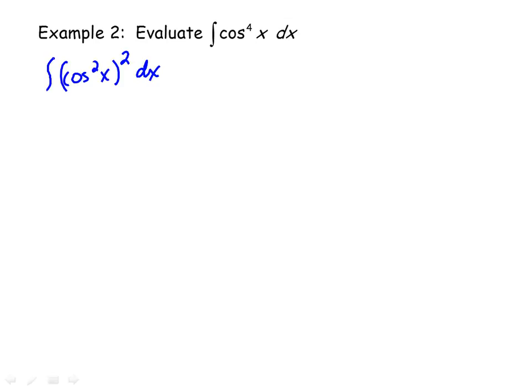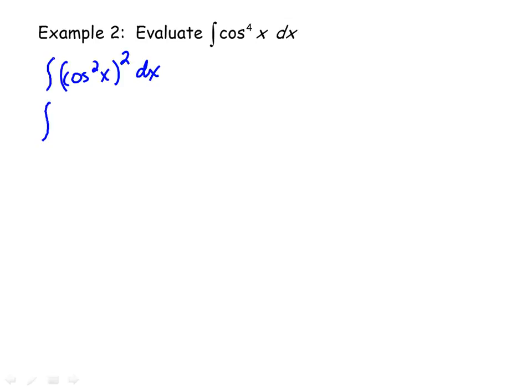Now I have an odd power, and I can say that's going to be cosine squared x times cosine squared x. You're chasing your tail at that point. So, let's move forward, not backwards. We have cosine squared x, quantity squared, which is going to give you your cosine to the 4th x. That's algebra. From here, let's go ahead and do the trig substitution.